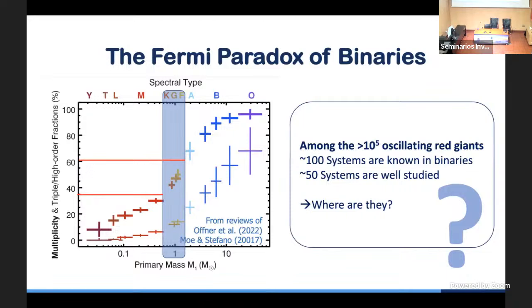We know from population studies, like the one from the review here, that for a 1 solar mass star, or typically for K, G, and F stars, we expect a binary rate between 30 to 60%. If we have 100,000 oscillating stars and we find 100, well, I'm not so good in math, but I think that's not 50%. So where are they?